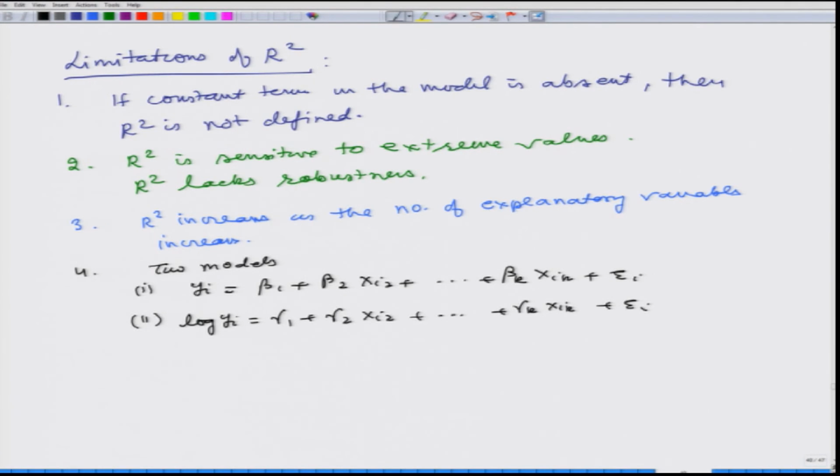Now if we try to define the R square, then for model number 1, R1 square is defined as 1 minus the summation i from 1 to n of (yi minus yi hat) whole square, divided by the summation i from 1 to n of (yi minus y bar) whole square.